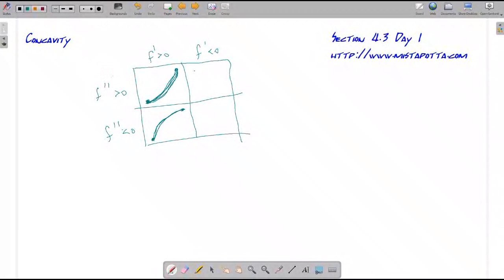Even if my first derivative was negative, which means my function is decreasing, there's two different ways that I could decrease. If my graphs are getting less steep because the slopes are negative, but they're getting bigger, that means my graph is tapering off, and so I've got this shape which is opening upwards.